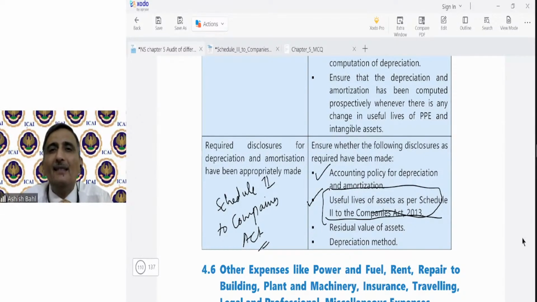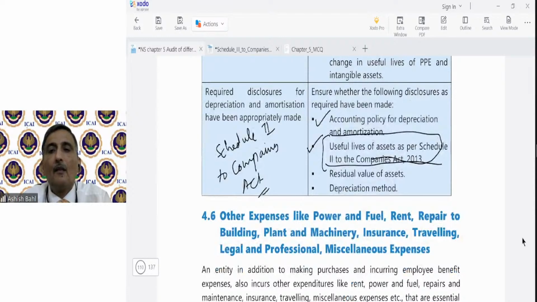You go to Companies Act and you see Schedule 2 and it has some parts, and you would see the useful lives. Okay. So clear, guys?